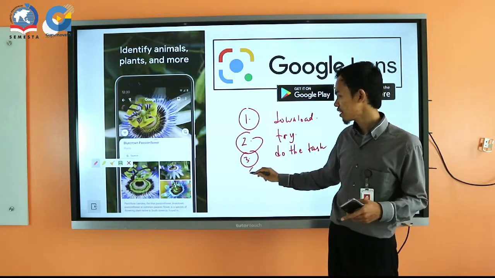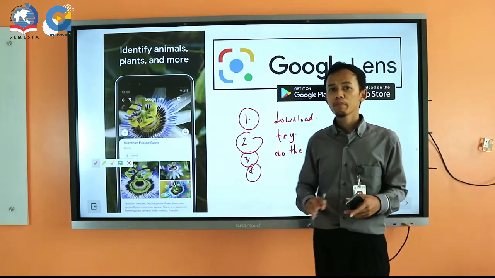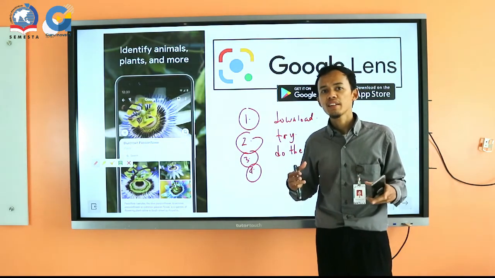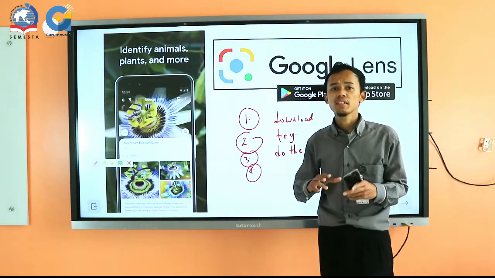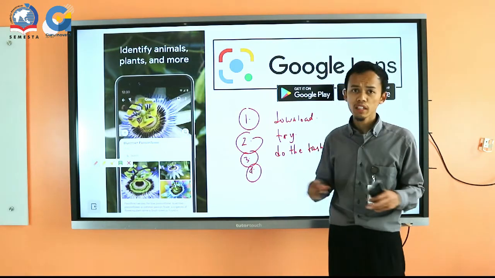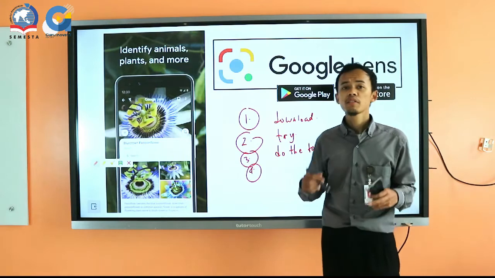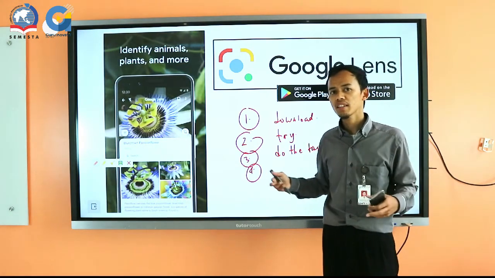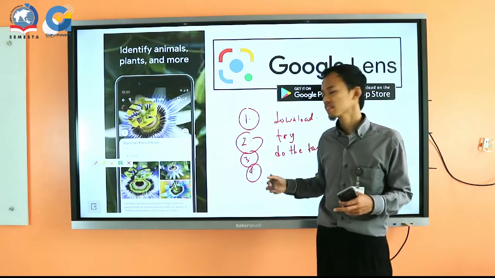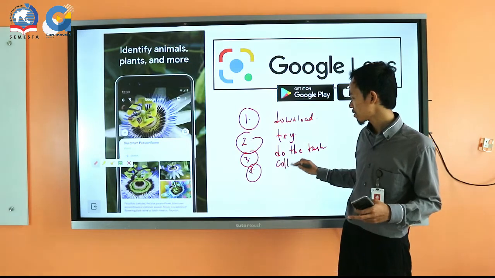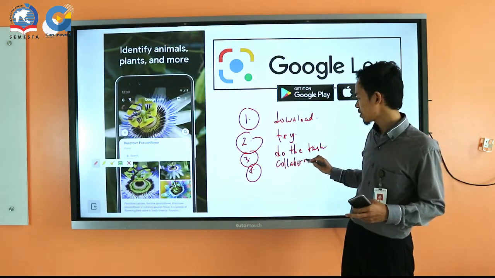Then number 4, to make your working group better, I will divide this class into some groups, and you collaborate with your teams. You discuss in a group on WhatsApp or Telegram or maybe other apps that you have tried. Number 4, collaborate with a member, with a team.